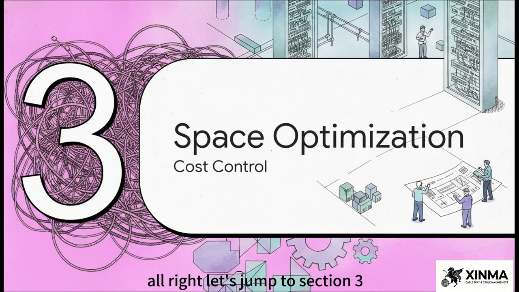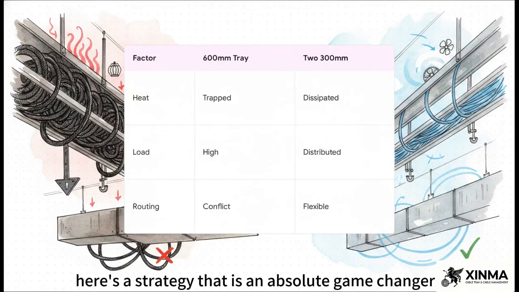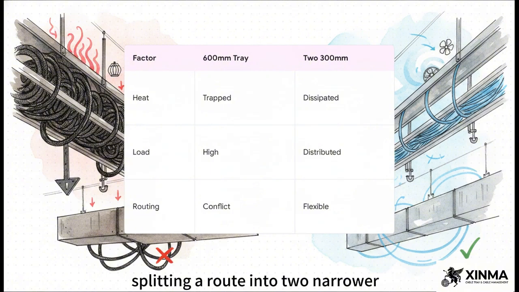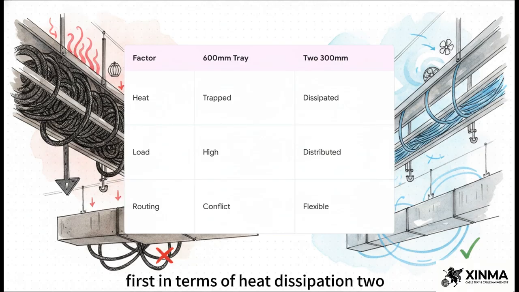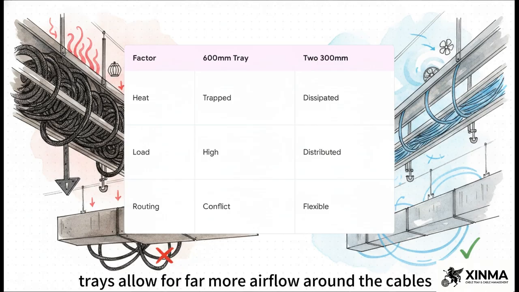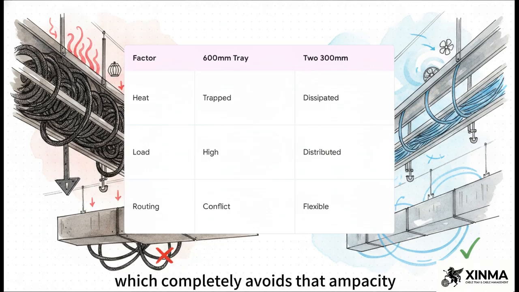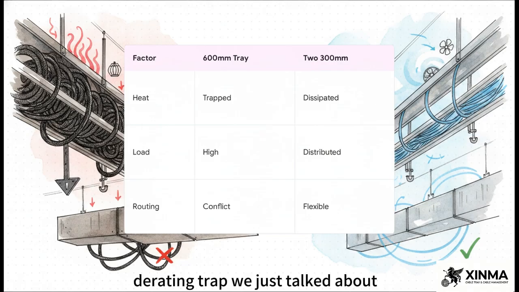All right, let's jump to Section 3, space optimization and cost control. Here's a strategy that is an absolute game changer. Splitting a route into two narrower 300mm trays is very often the superior choice. Let's break down why. First, in terms of heat dissipation, two 300mm trays allow for far more airflow around the cables, which completely avoids that ampacity derating trap we just talked about.